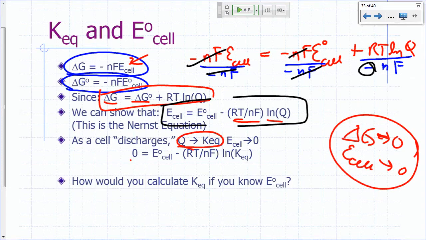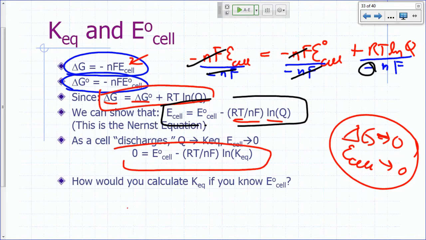So when the cell potential is 0, that's equal to E naught cell minus RT over NF natural log of Q, but the Q is now going to be equal to KEQ. So at equilibrium, 0 is equal to E naught cell minus RT over NF natural log of KEQ.